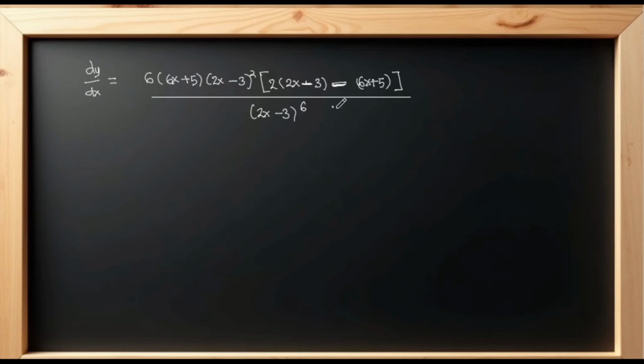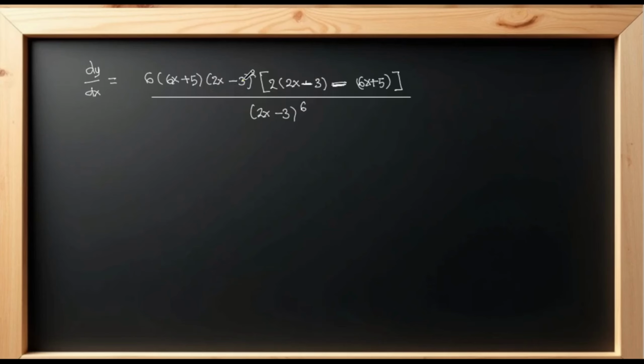Now, before we simplify this bracket, we can also notice here that this quantity 2x minus 3 is down here, and we have 2, here we have 6. So since we are multiplying, in fact, four things, this number and this first bracket, second bracket together with this square bracket, we can go ahead and cancel this.